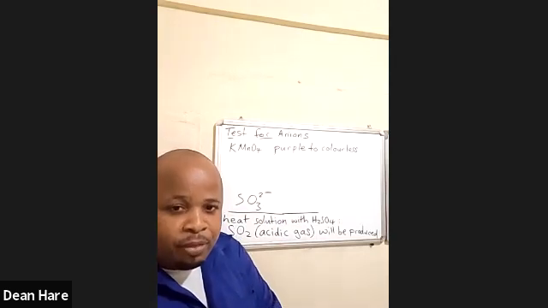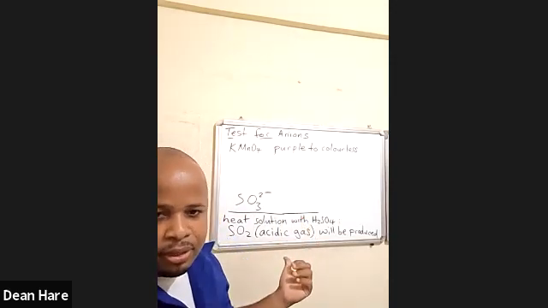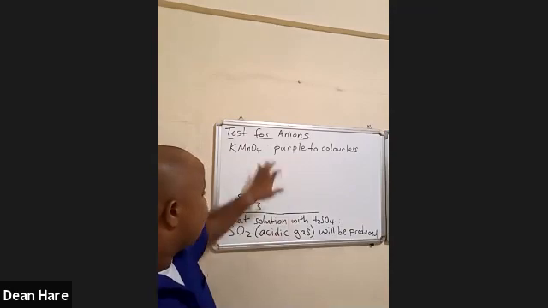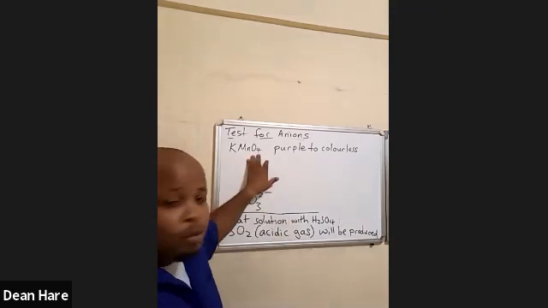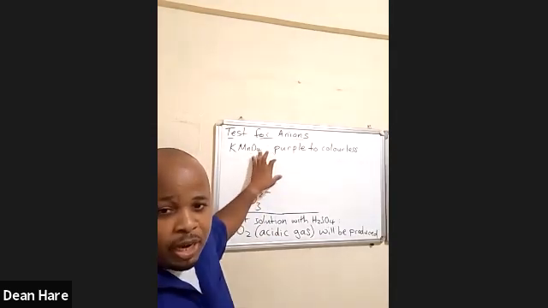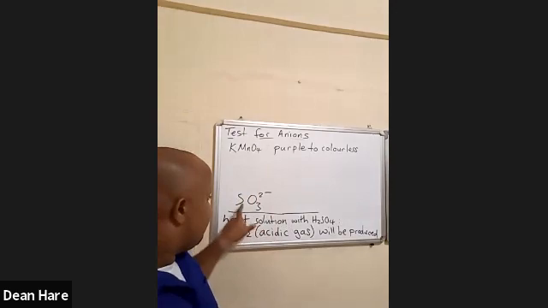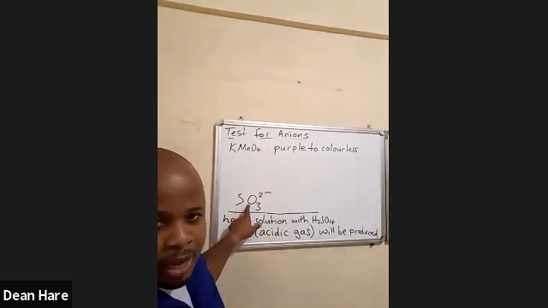So when you confirm the gas, we also confirm the ion. For this one, KMnO4 is the only ion test we are going to use KMnO4 for. So once you see KMnO4, we are testing for the sulfite ion.